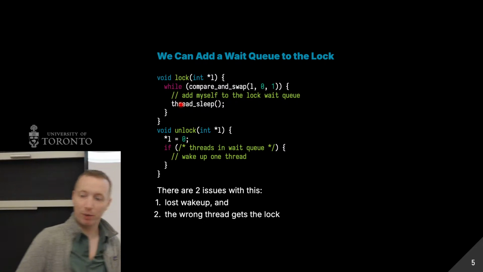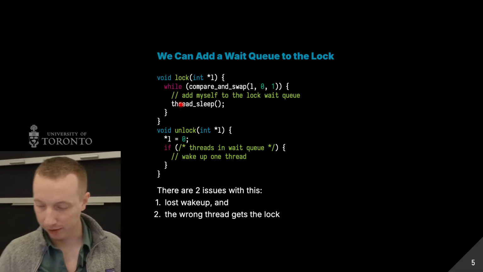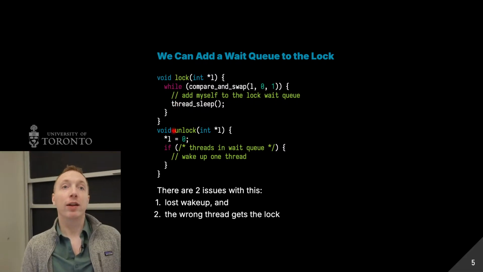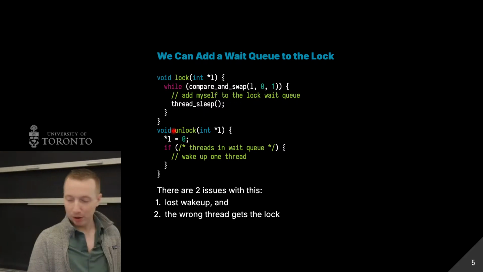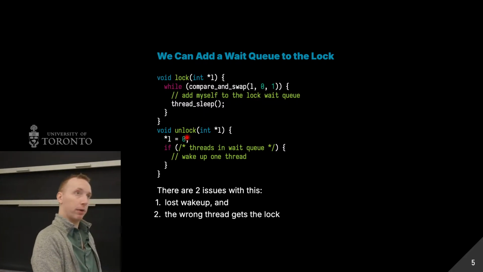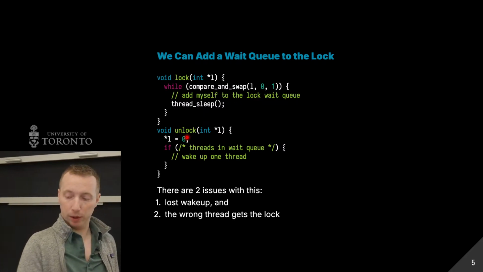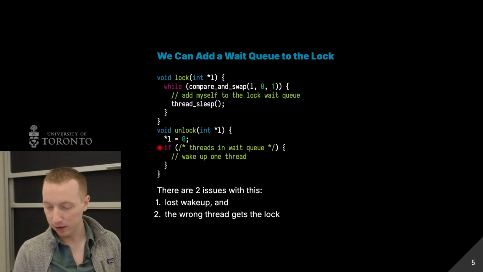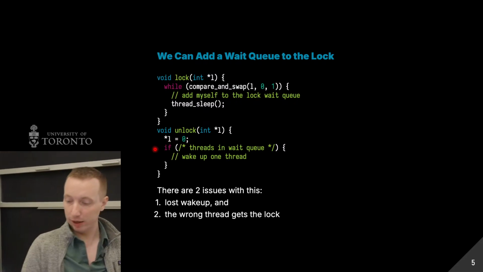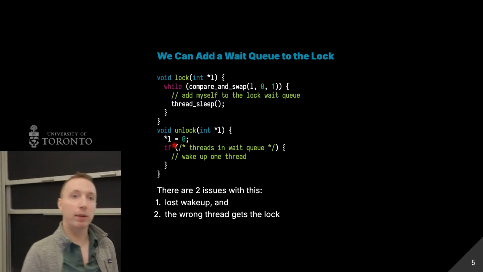But real threads will actually have something like this. So now in my unlock, to get rid of that thundering herd problem, I first change the value from a 1 to a 0 to indicate that I have now unlocked the mutex. And now I could just simply check. If there is a thread in the wait queue, then I just wake up one thread.